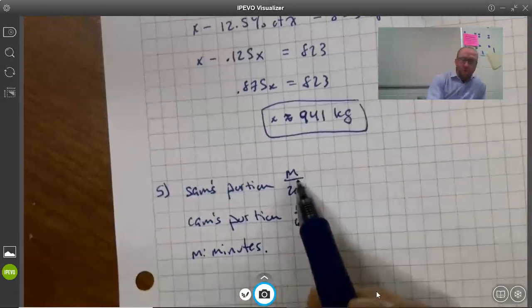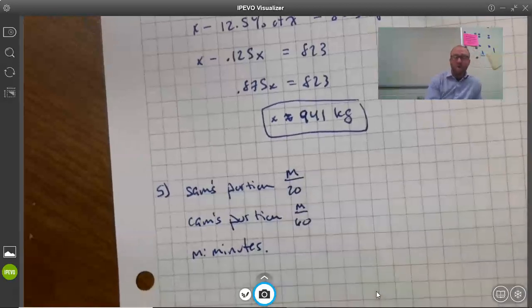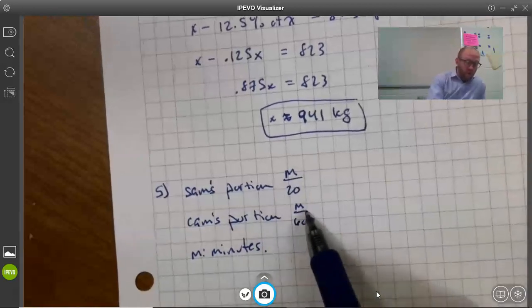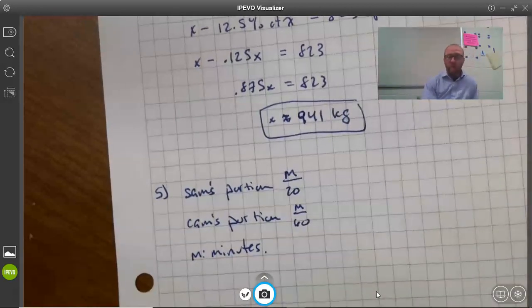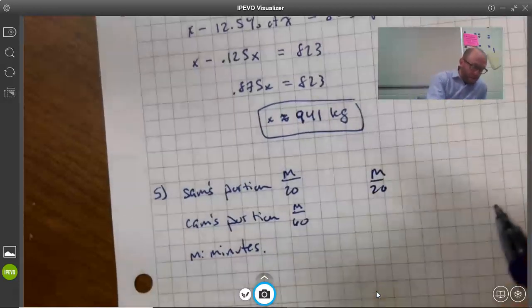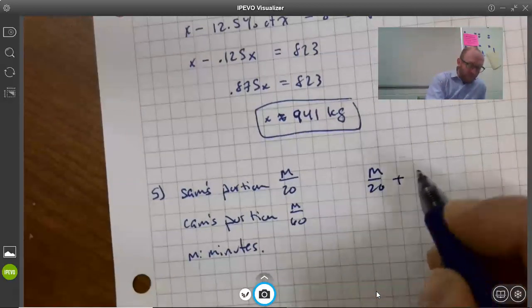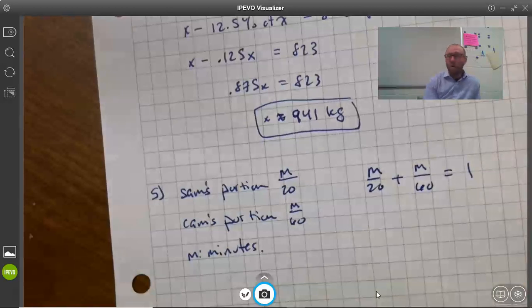So if Sam mowed for 20 minutes, 20 over 20 would be the whole thing. That's a whole yard. If they mowed for 60 minutes, then it'd be 60 over 60, and Cam would mow the whole yard. So their portions added together. If I take Sam's portion plus Cam's portion, we want it to equal 1 whole yard.